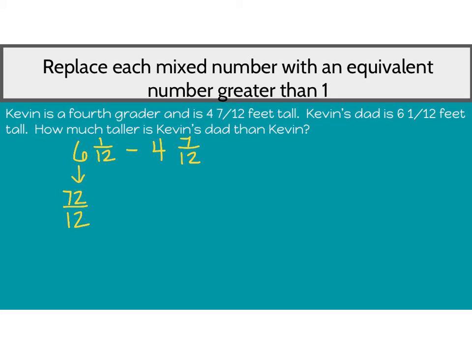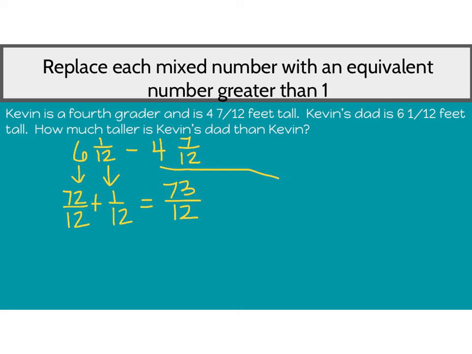And then I have to add that to the original 12th. So 6 1/12 is going to turn into 73 twelfths.